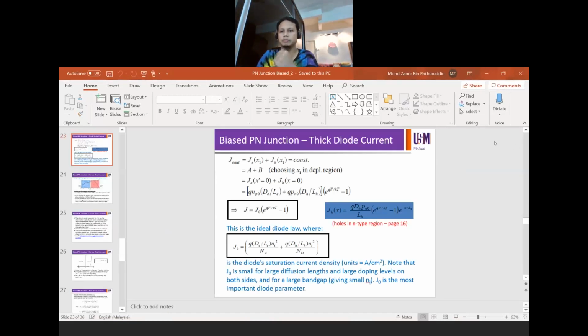Okay, so let's continue from where we left yesterday. We stop at this page where we discuss an introduction to the diode equation.